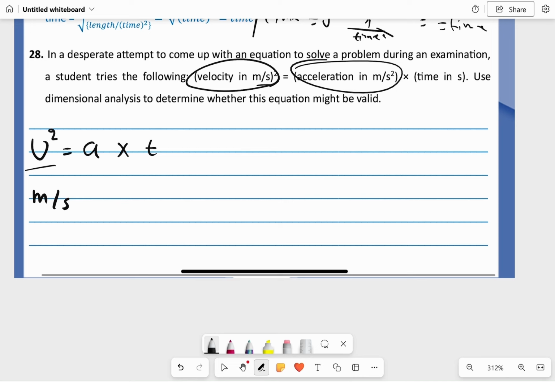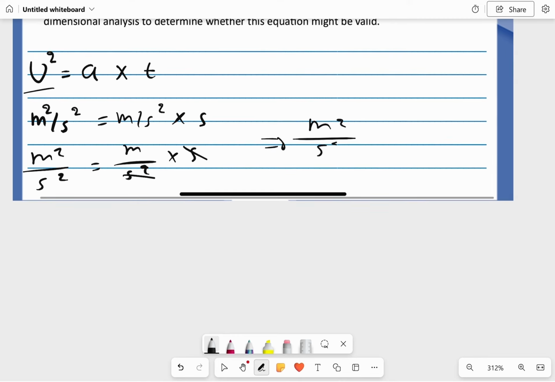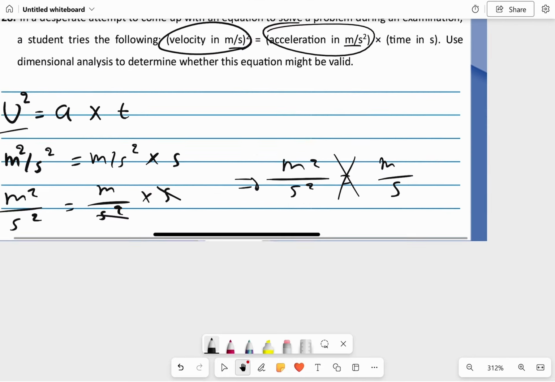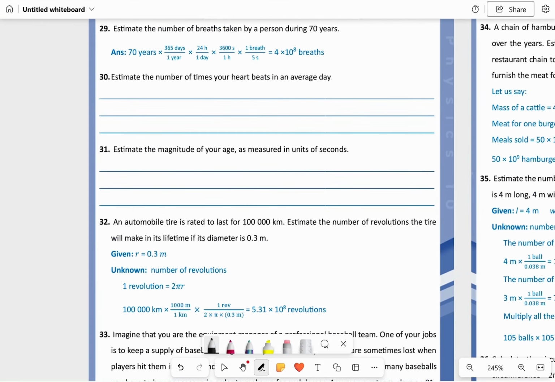So it will be meter squared per second squared, equal to acceleration, meter per second squared, multiplied by second. Second goes with second. The final result is meter squared divided by second squared is equal to meter per second squared. Are the units consistent? No, they are not. So the student is using a wrong equation, so he's going to get wrong results.